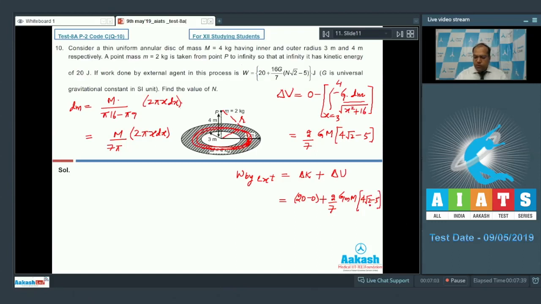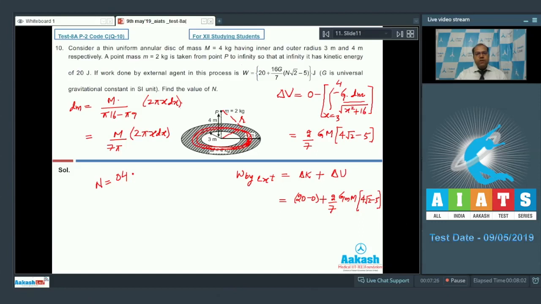So if I substitute the values of small m and capital M, that is 2 and 4, this product would be 16 by 7 G into 4 root 2 minus 5. So if I compare this with the given expression, then the value of n comes out to be 4 or 0.4. So the correct answer for question number 10 is 0.4.